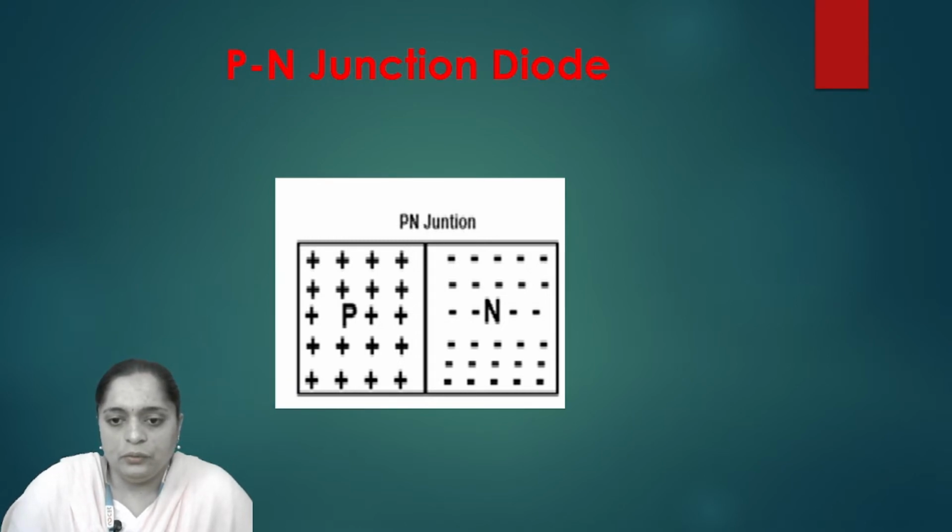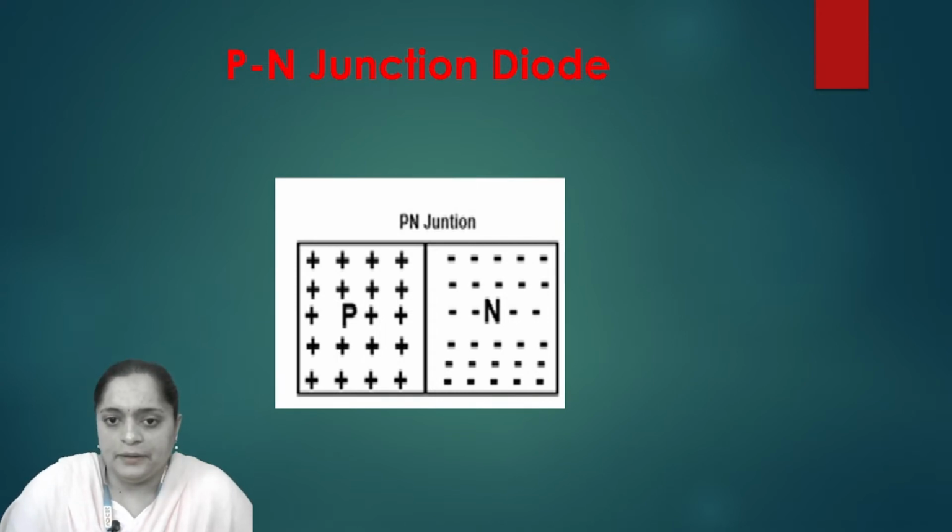Likewise, the second part, the cathode, consists of n-type semiconductor material, also represented by electrons.